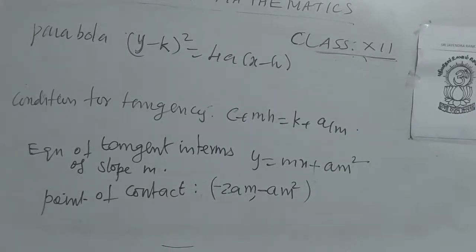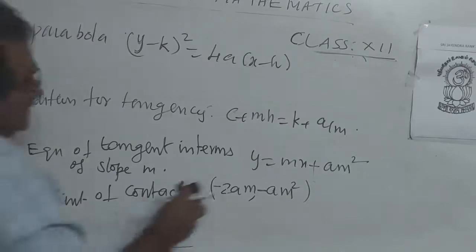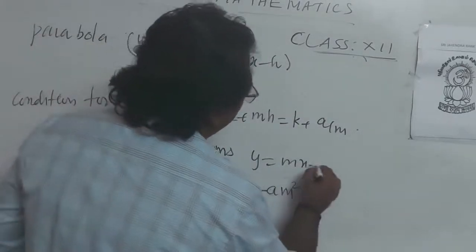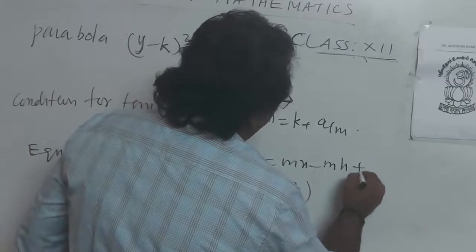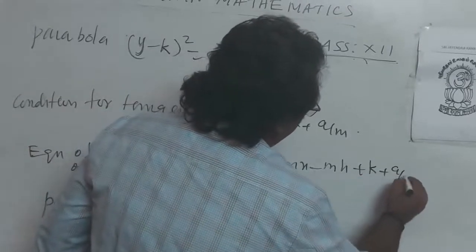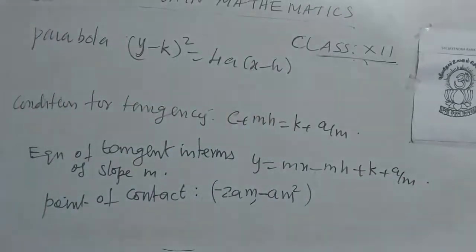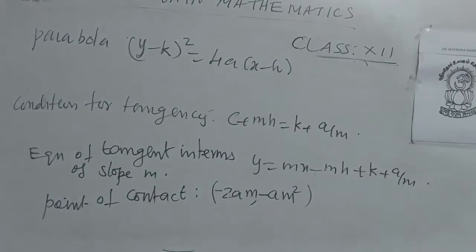So the equation of tangent is y equal to mx minus mh plus k plus a by m.